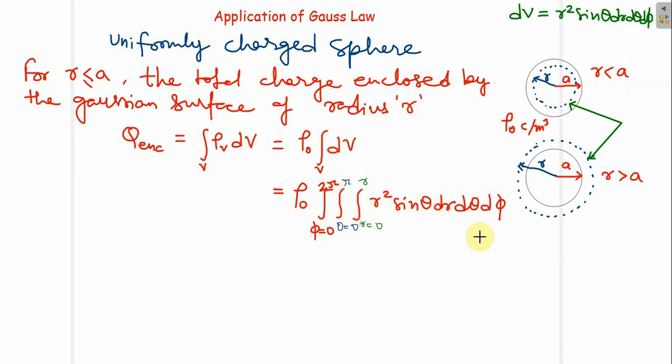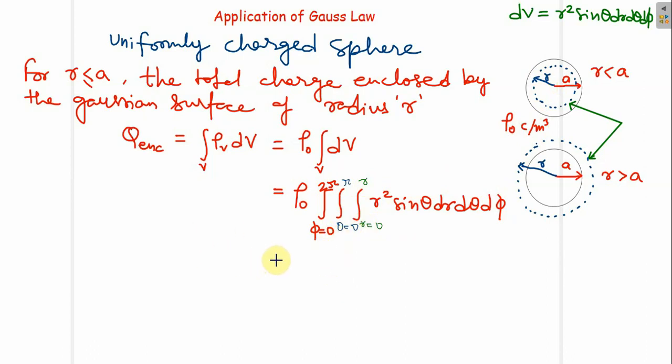Fine. Now if we solve this whole integration, you also remember what is the formula of volume for a sphere of radius r? So it is 4 by 3 pi r cube. So if you solve this integral, you will get the same thing.